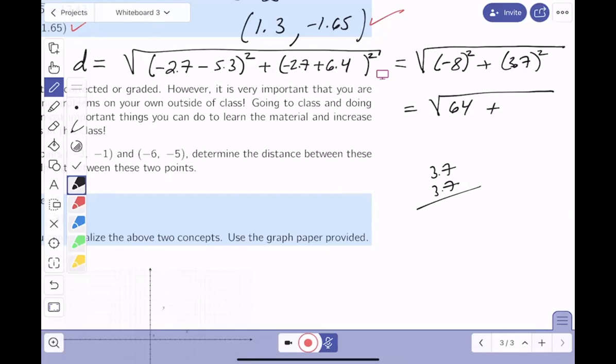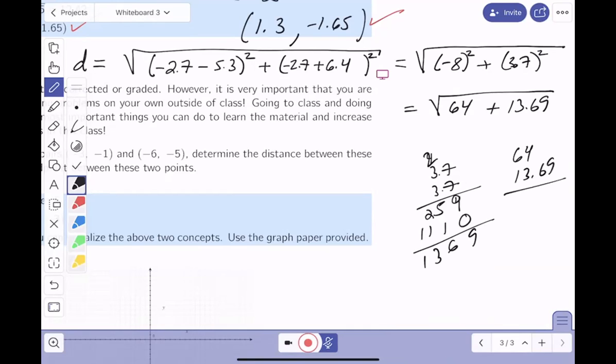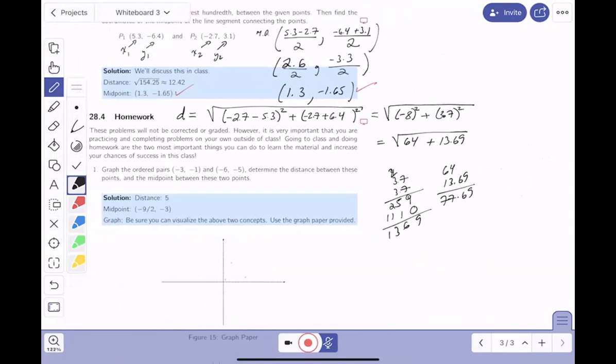Let's see. 7 times 7 is 49. 3 times 7 is 21. So that's going to be 13.69. Well, I got to do 64 and 13.69. And that's going to give me 77.69.